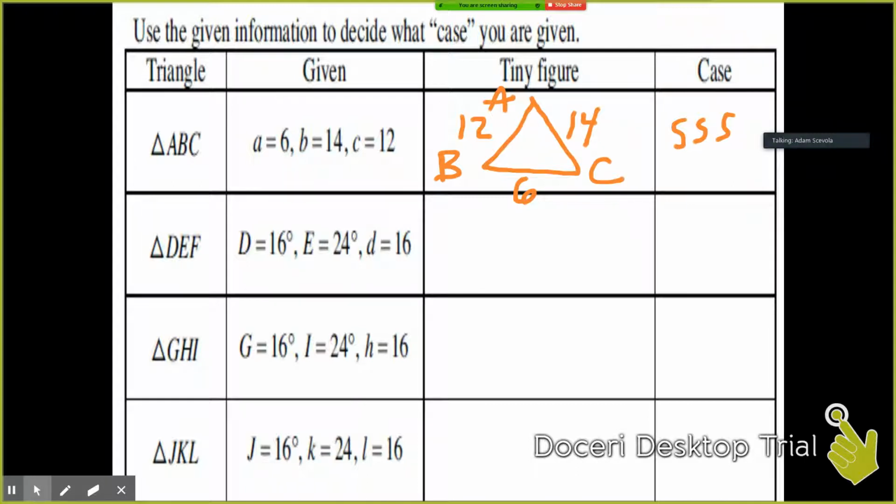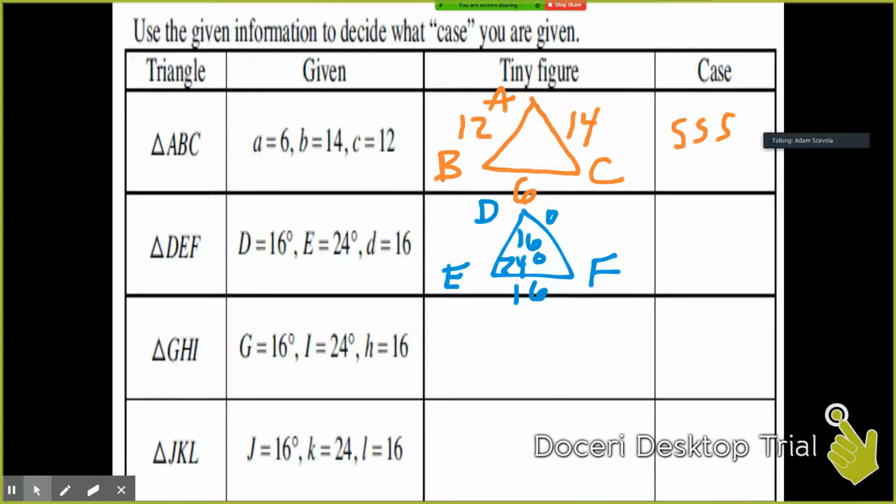The next one, we're given two angles and a side. Again, the picture doesn't have to be perfect. It could just be an equilateral triangle. So it's like D, E, and F. This would be 16 degrees, angle D. This would be 24 degrees, and give yourself more room than I'm giving myself. It's hard to draw on this iPad here. Then side D would be 16 in length.